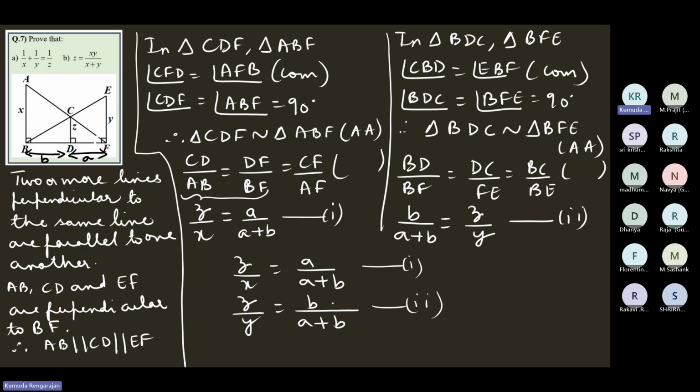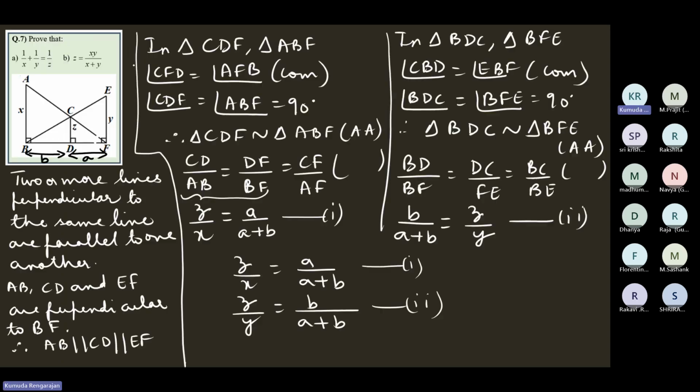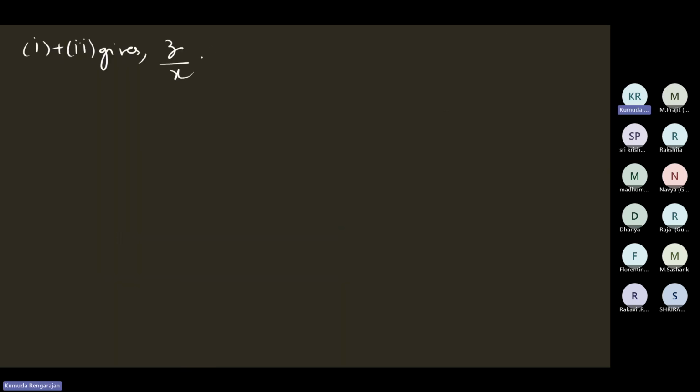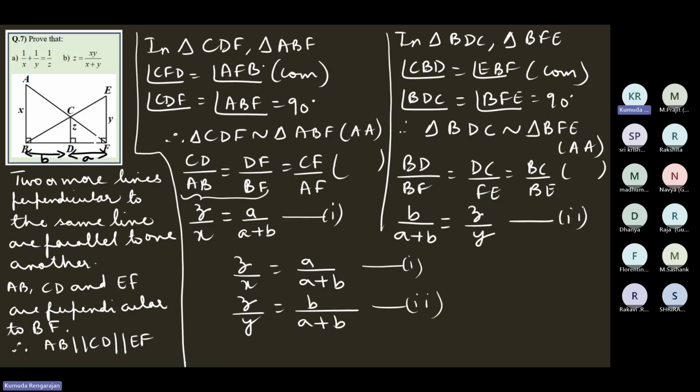Now add these two results, 1 plus 2. What do you get? Z by x plus z by y is equal to a by a plus b plus b by a plus b.